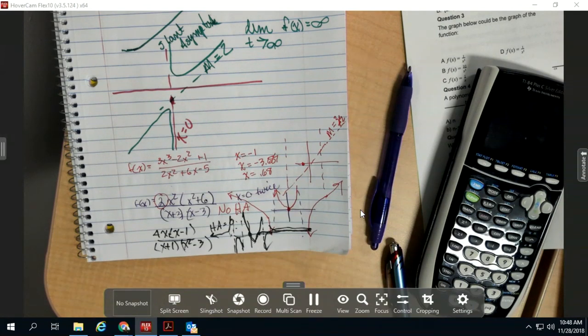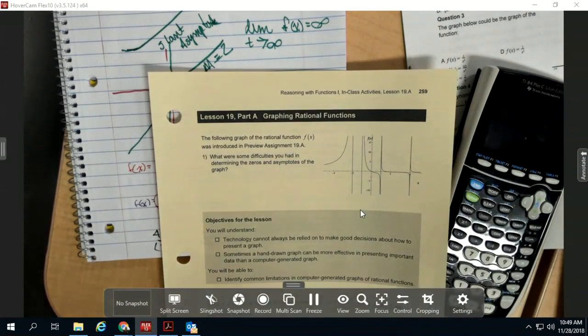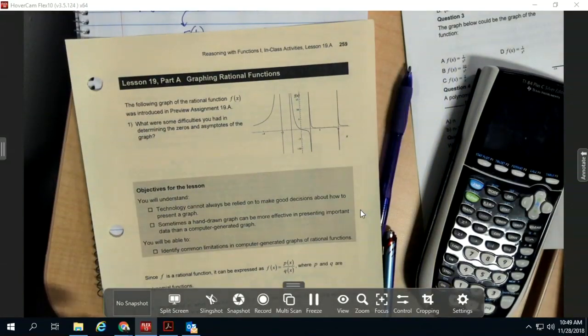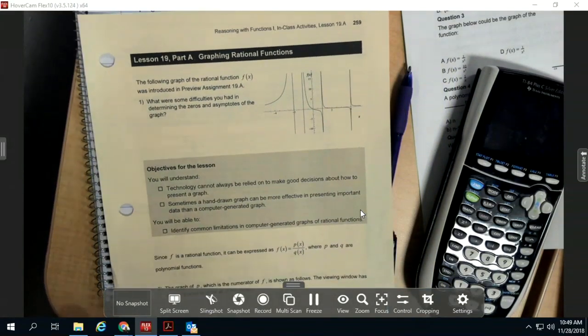Page 259. The following graph of this rational function is given. What do we know about the graph?